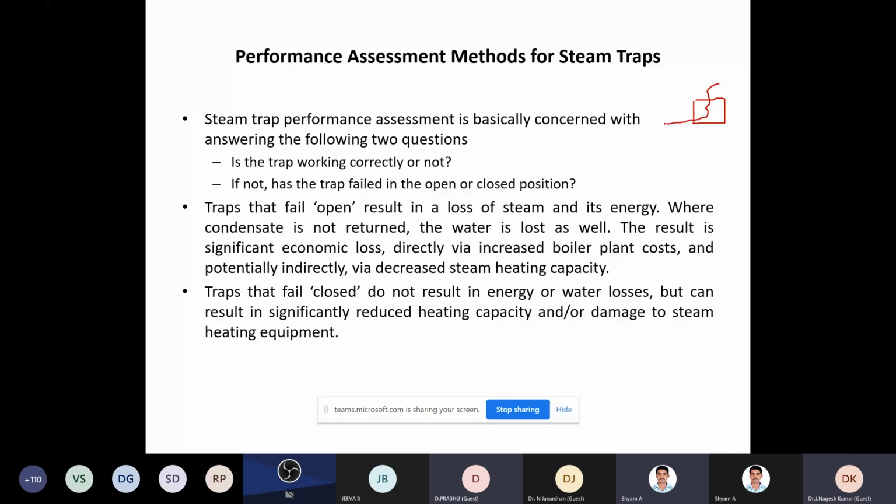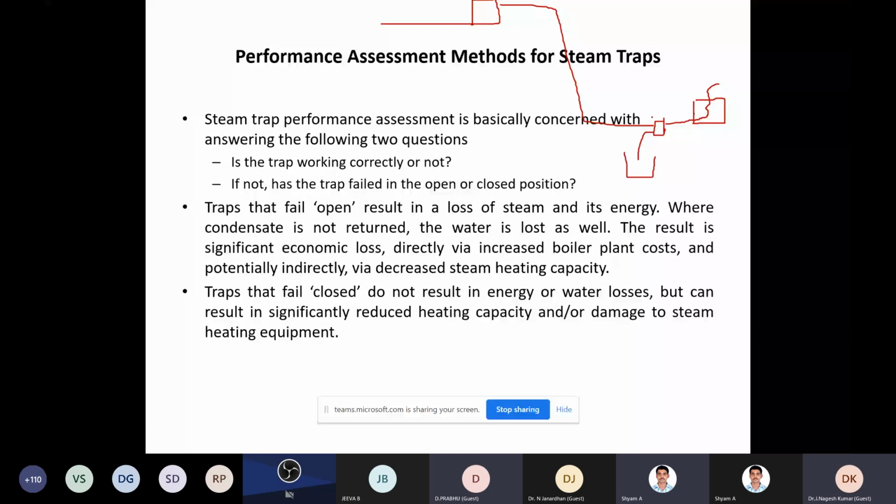From the trap, mostly it is lifted directly to the boiler. So we don't know what is happening inside the trap, whether it's working or not. Suppose if it is an open case where the trap contents are emptied into a tank like this, then we know whether steam is coming or condensate is coming. So in a closed system, we need to monitor the traps.